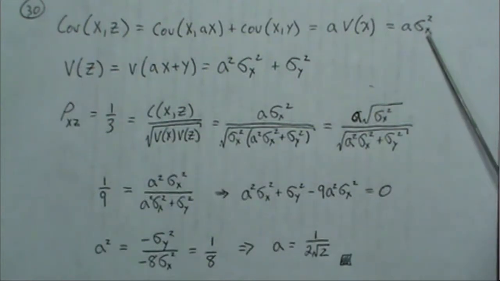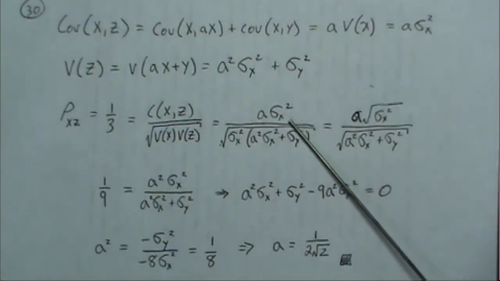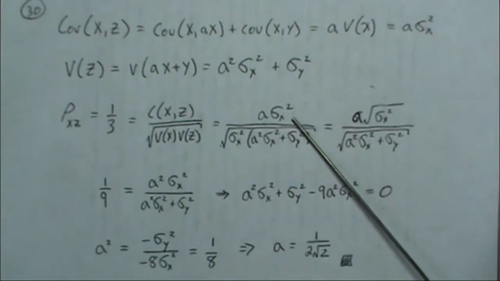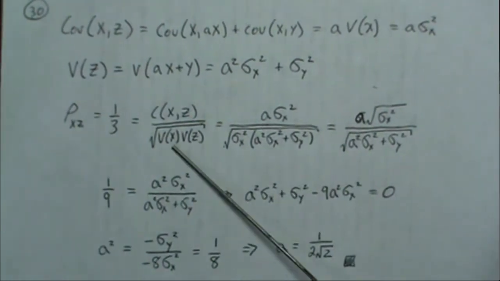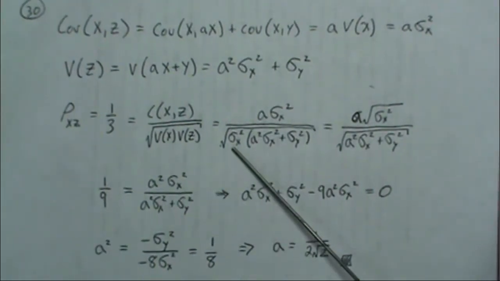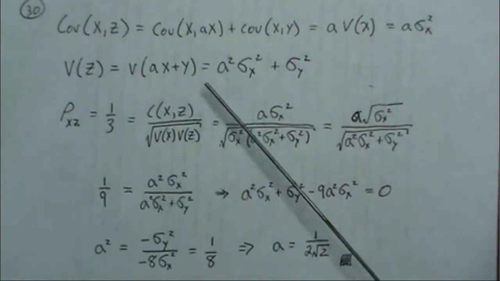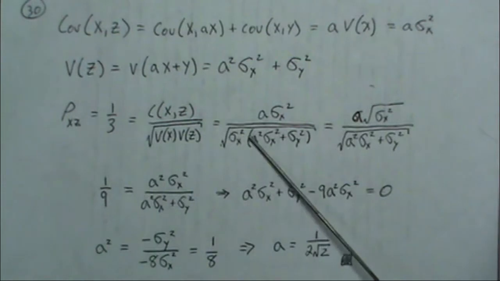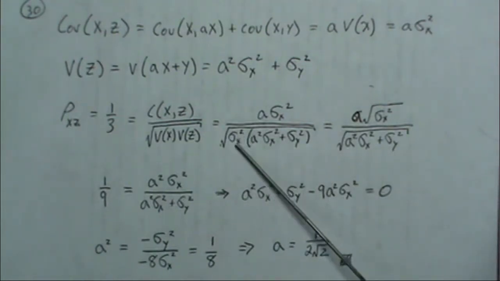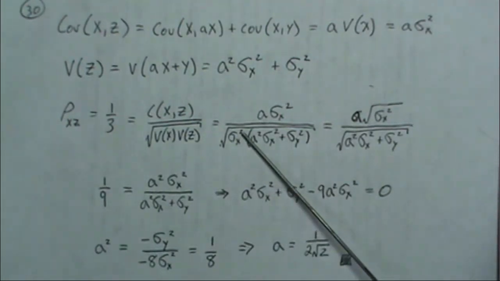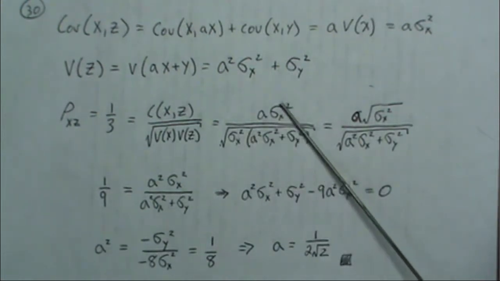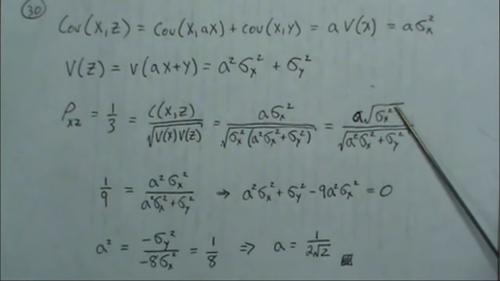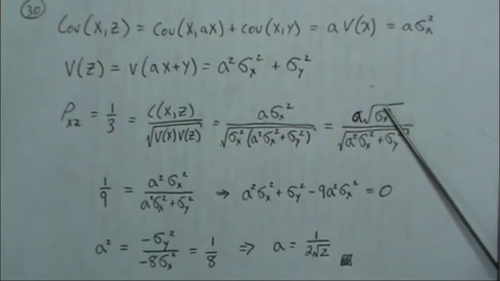The covariance we have to be a times sigma x squared, and the variance of x is sigma x squared, and the variance of z we just found to be this. Well, this is a product, this times that, and so this is the square root of this. So this piece and this piece can be combined into this. It kind of reduces to that.